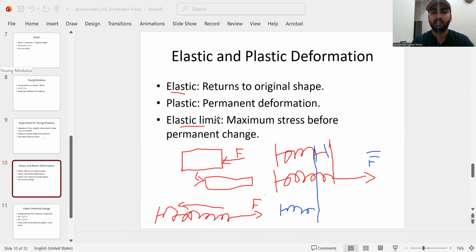It's called the elastic limit: maximum stress before permanent change. In this definition, I hope you understand. When we apply enough force, beyond the maximum stress, it creates a permanent change on the body.